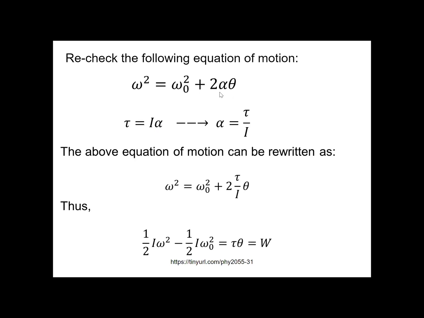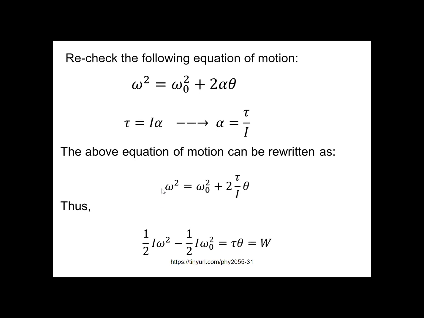Now doing substitution in the first equation, that becomes the third equation here: omega squared equals omega 0 squared plus 2 tau divided by I times theta. Now from here, you multiply both sides by I, the moment of inertia, and then divide both sides by 2 to get rid of this.